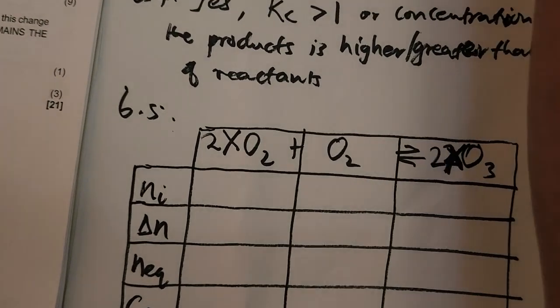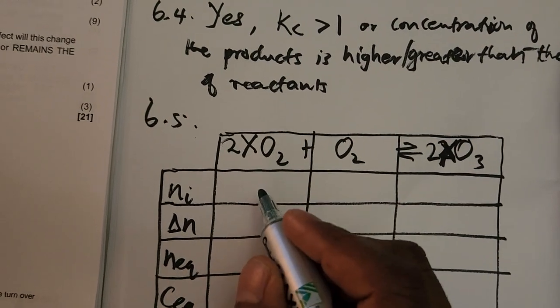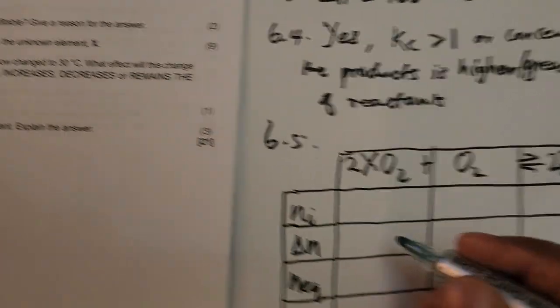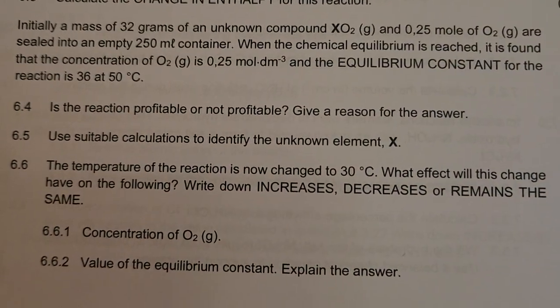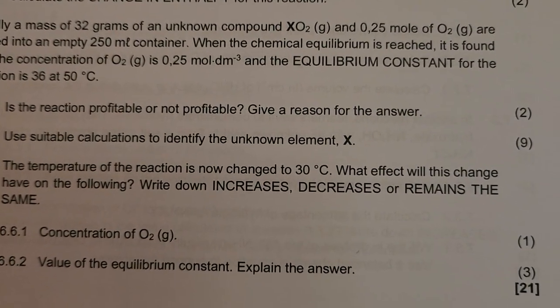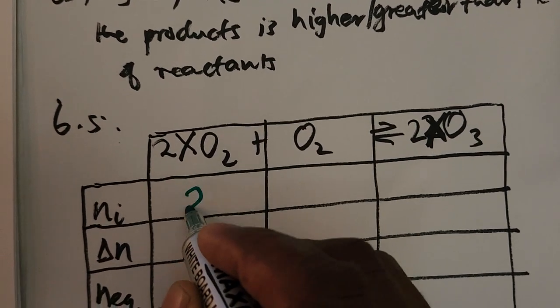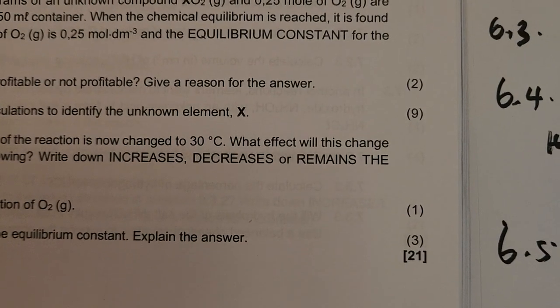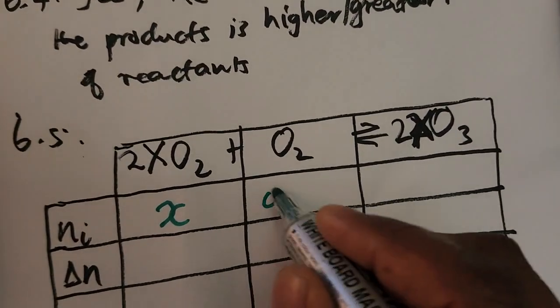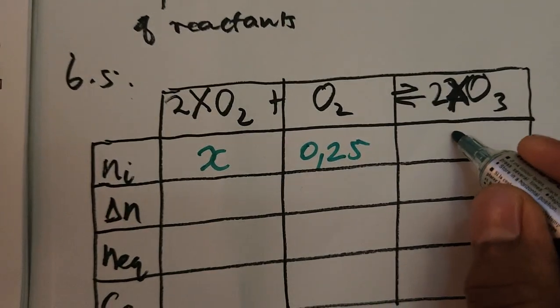Let's check what is given. I'm given in this case initially the mass of XO2, it's 32, so we don't work with mass. Let me just put X here, I don't know that. And then for O2 is 0.25. Nothing is said about the product. I will assume that is 0.